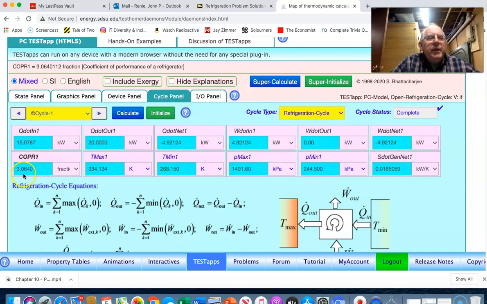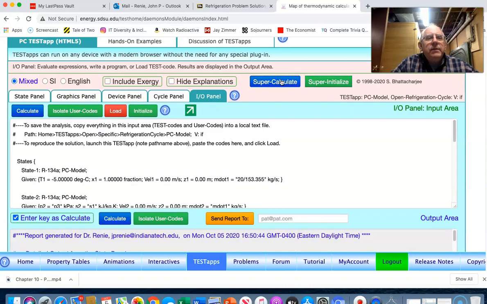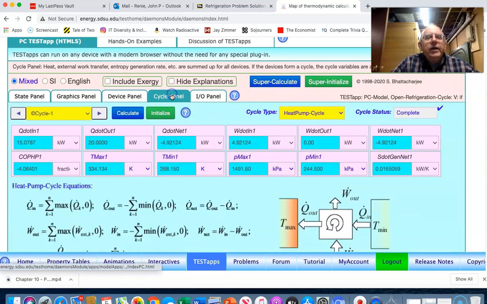And this COP then would be this value, 15 divided by about 5, which is the 3.06. But what we have is a heat pump cycle. And so when you select the heat pump cycle, now if you do a super calculate and you go back to the cycle panel, now you see that this Q dot out is the 20 kilowatts.